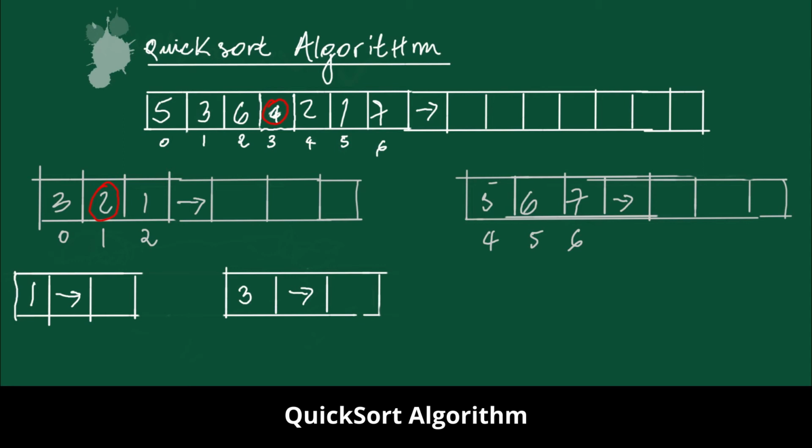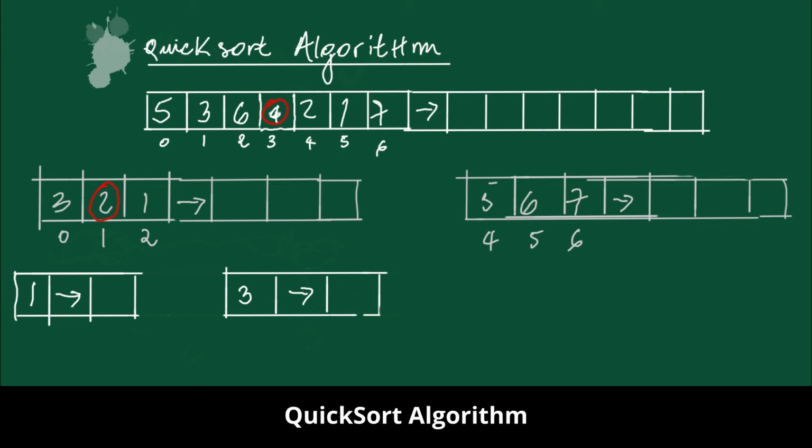Now there is something really interesting happening. We stay with only one element. There is no way that we can divide anymore, because remember that QuickSort algorithm is a divide and conquer algorithm. As soon as you reach a point that you can't divide anymore, it's time now to start merging.